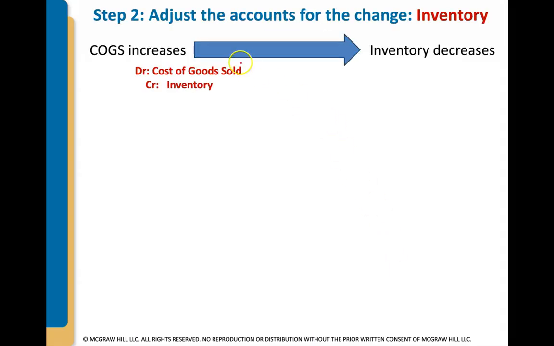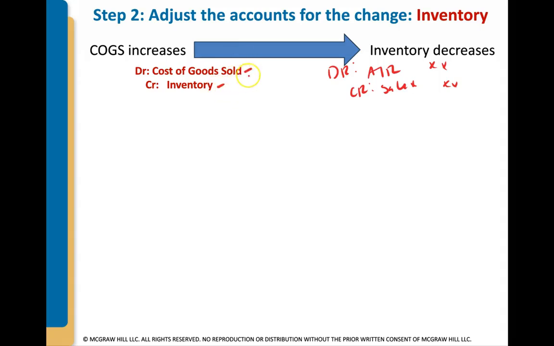So if you recall, when a company sells a product, they debit, let's say, either cash or accounts receivable, and they'll credit sales for however much they sold it for. But in addition, they have to take that merchandise off of their books because they sold it. So they're going to credit inventory because they no longer have it.